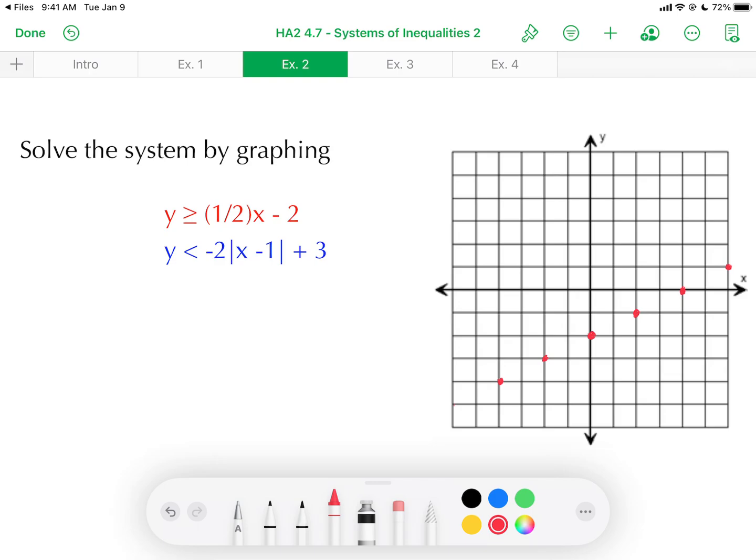Solid or dashed? Okay. All right, now test point of the origin is going to lead me to 0 is greater than or equal to -2, which is true, so I'd shade above that boundary line.